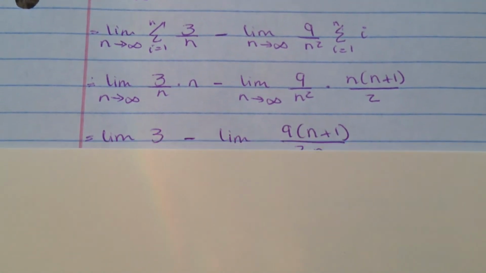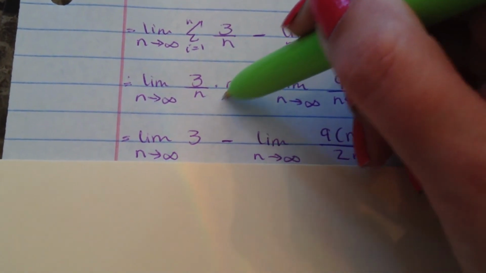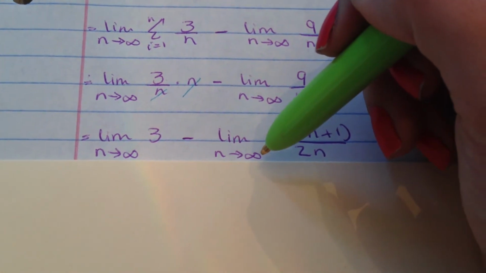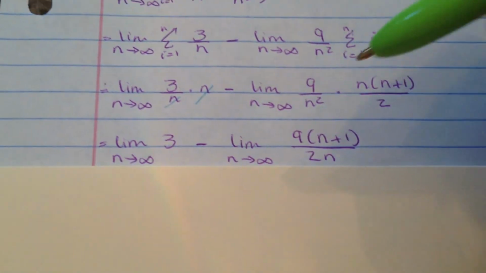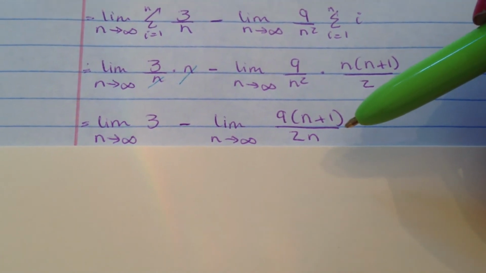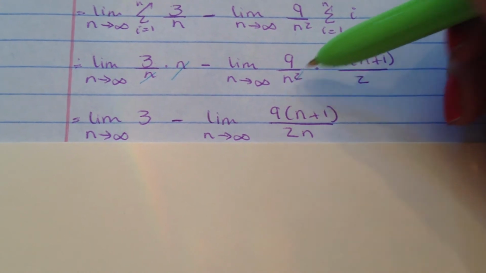And then we're going to multiply them, so the n will cancel out with n, and then it's 3. The limit as n goes to infinity of 9 times (n plus 1) divided by 2n. We took out one n from each factor.